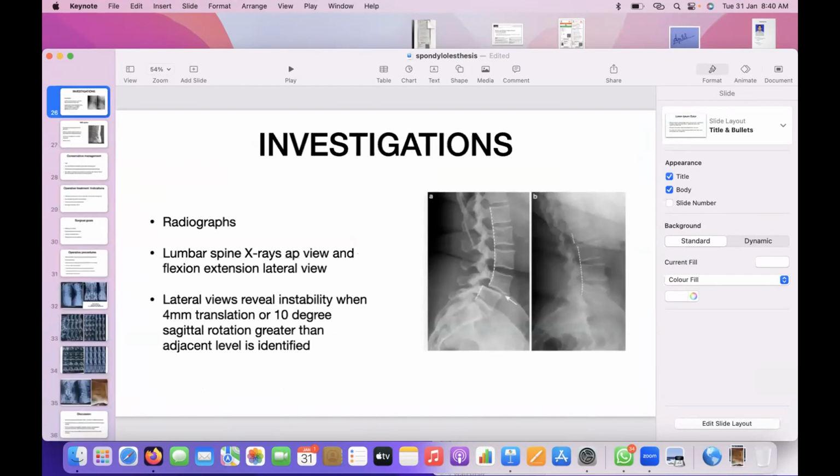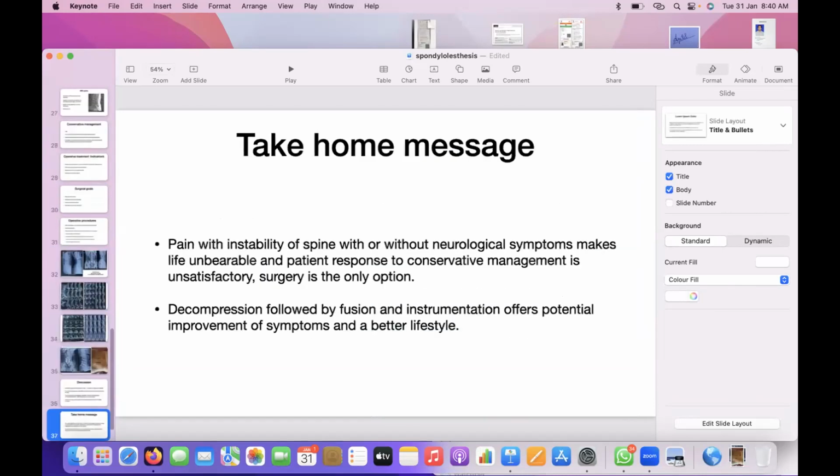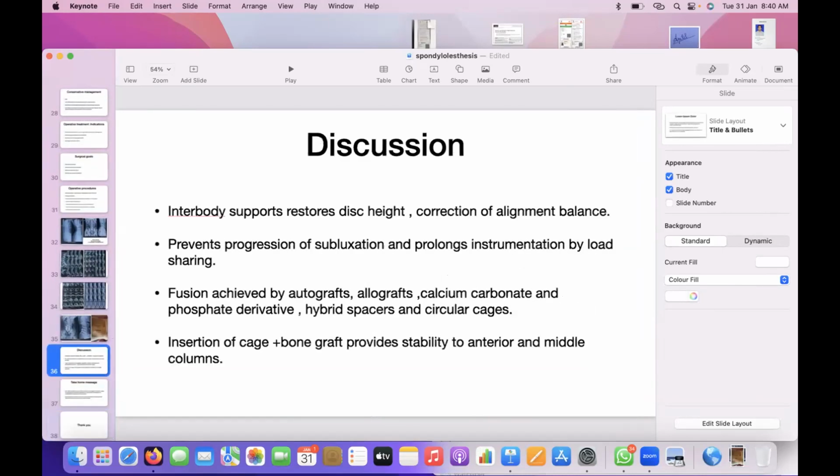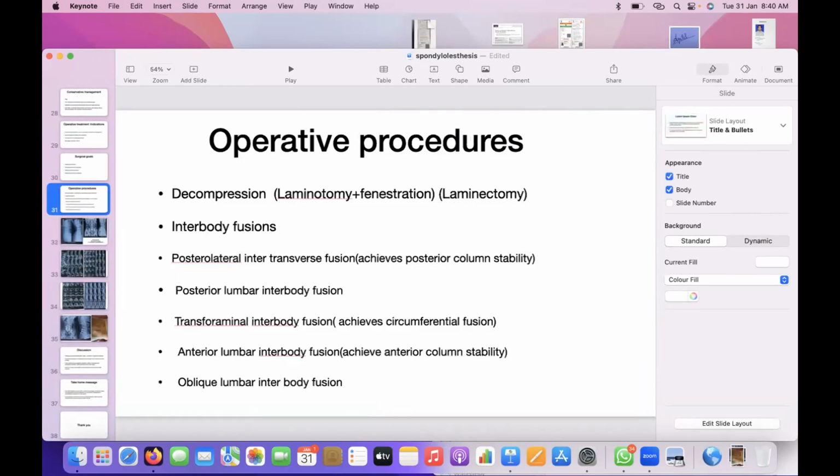The only point is the intertransverse fusion, which I think he mentioned as giving posterior column support. But there is one small thing: the transverse process is actually part of the vertebral body. Transverse processes are not developmentally part of the posterior elements. They are part of the anterior elements.